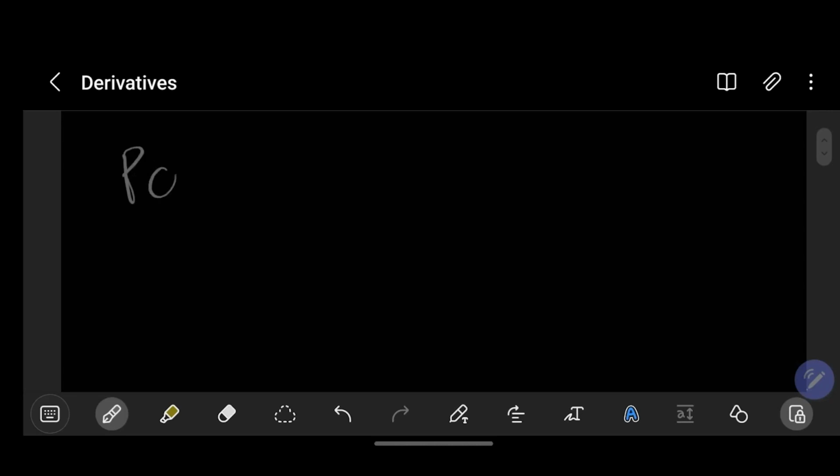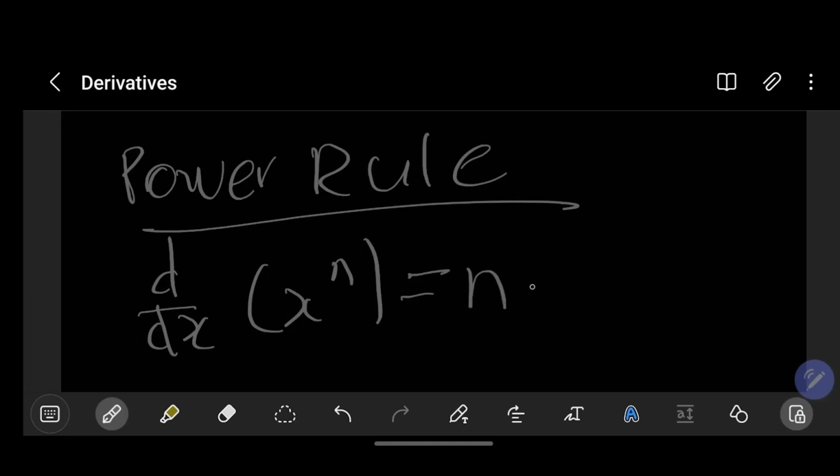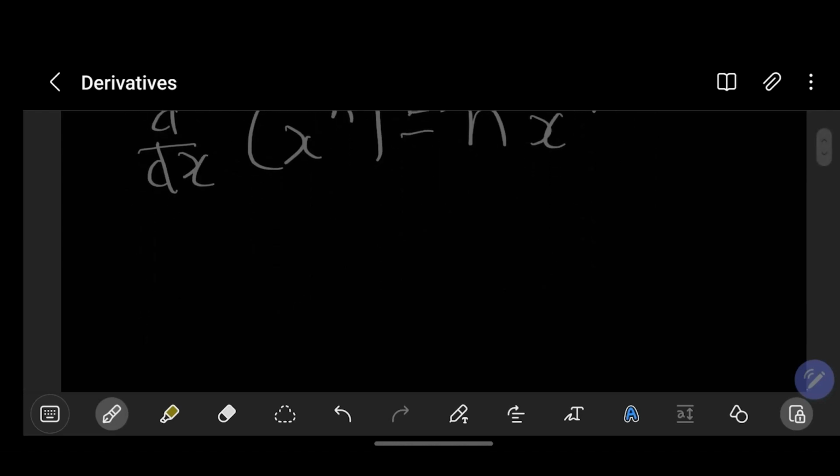Okay, let's move on to the next one, which is also quite an interesting and fun one, which is the power rule. So we know that the power rule states that if we have d/dx of x raised to the n, that's basically just equal to n x to the n minus 1. Quite simple once again.